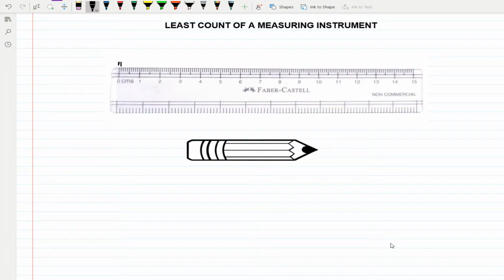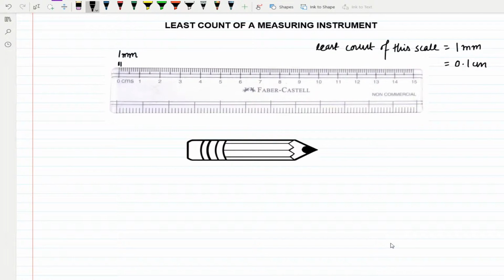This gap is the minimum reading this scale can take, and this gap is 1 millimeter. So we can say that the least count of this scale is 1 millimeter, or you can also say 0.1 centimeter.